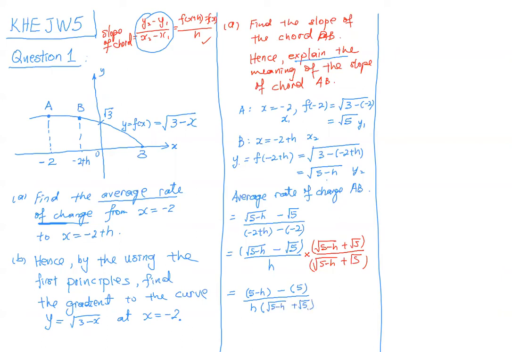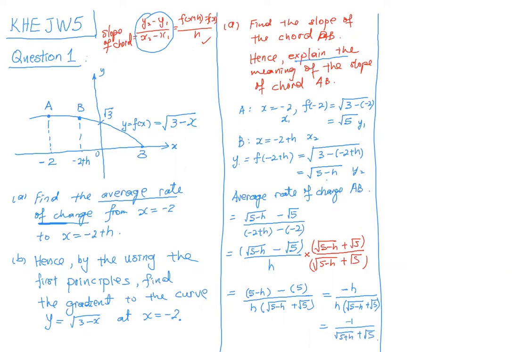So you just copy down the whole thing, okay? So you simplify the top. You got negative h, correct? Correct. I purposely do it so slow. It's not that I can't do fast. So you get -1 over square root of 5 minus h plus square root of 5.